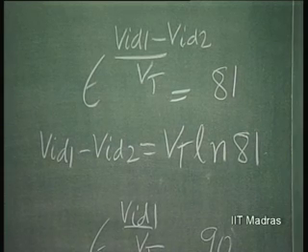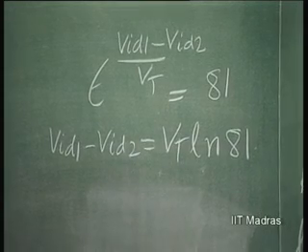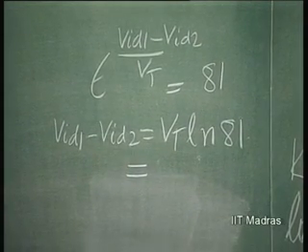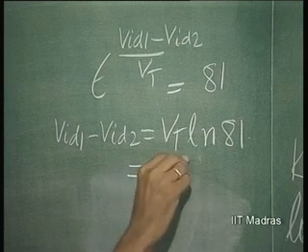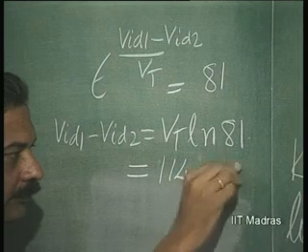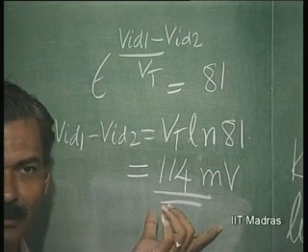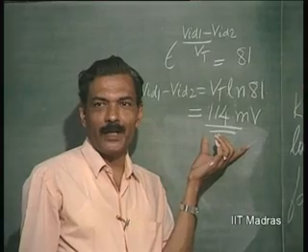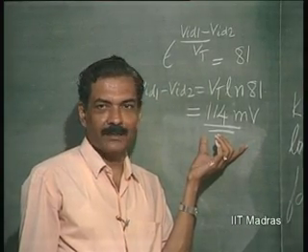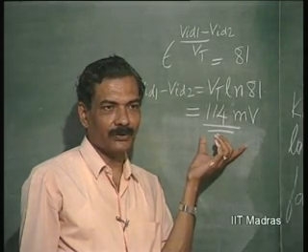So, that comes out to be how much? 114 millivolts. This is an important conclusion, right? The voltage swing that is required to switch the transistor from one to the other and vice versa is only about 114 millivolts.